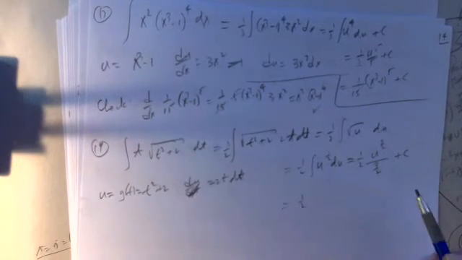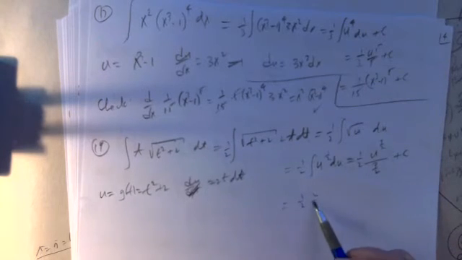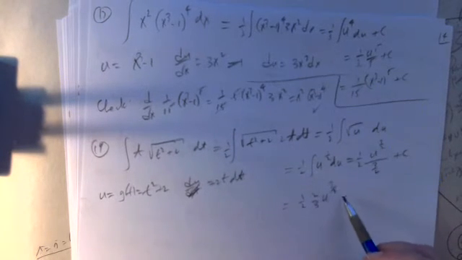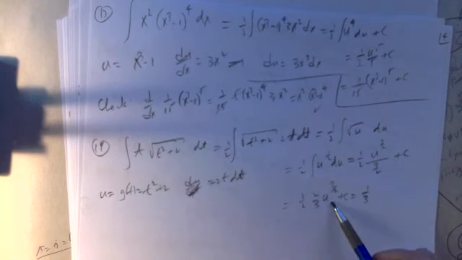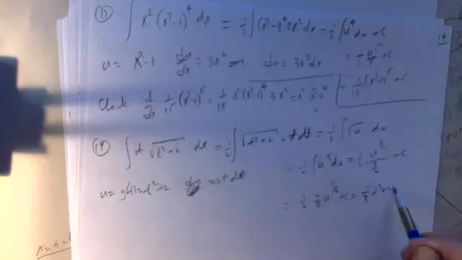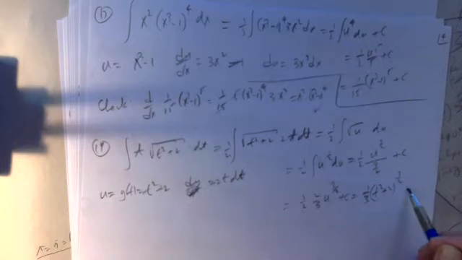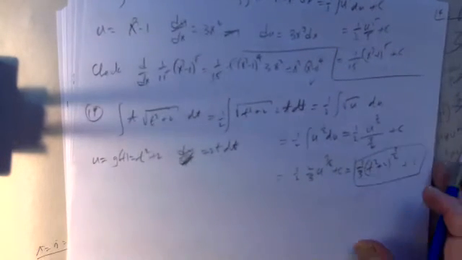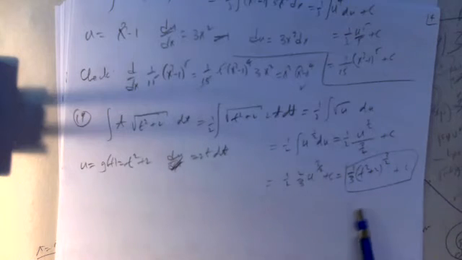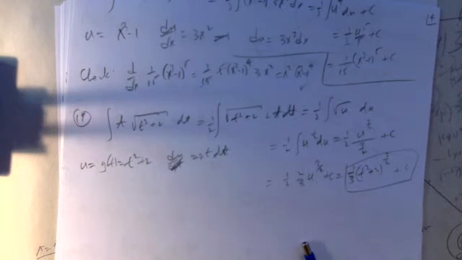Or if you like, 1/2 times 2/3 u to the 3/2, which is 1/3, because the 2's cancel. U is t squared plus 2, to the 3/2, plus a constant. So again, spend a few minutes looking at this, because this is hard and you have to somehow make sense of it all.